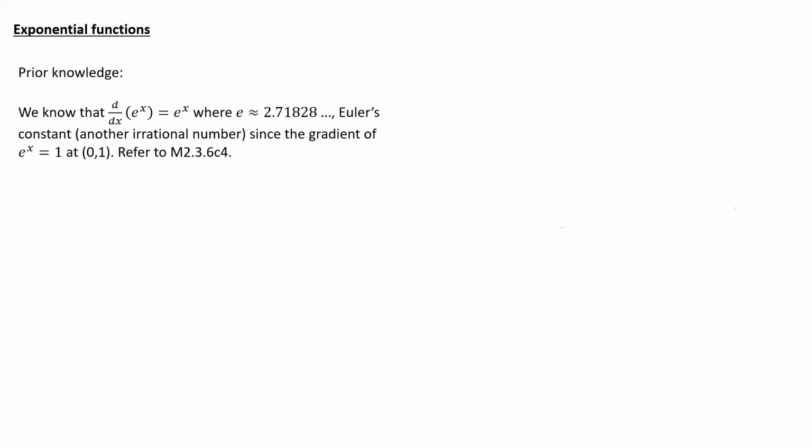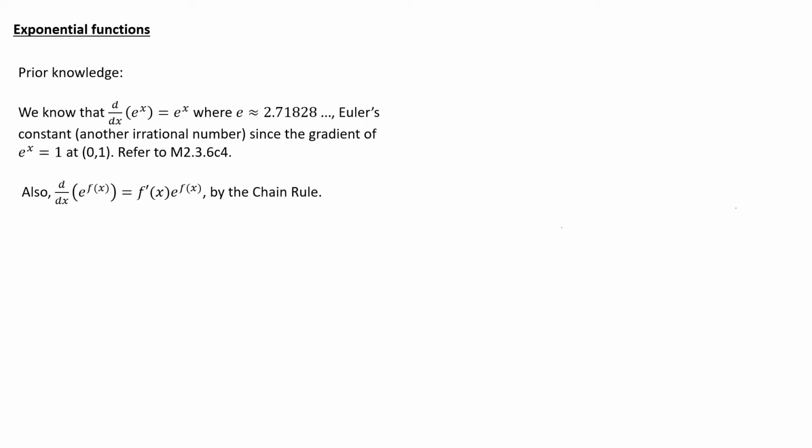If you refer back to your first principles differentiation, or your differentiation which was in M2.3.6c4, then the property of any exponential function is that it's going to be the exponential function multiplied by its gradient at 0, 1, and because the gradient of e to the x is 1, you'll get 1 times e to the x, which of course is e to the x.